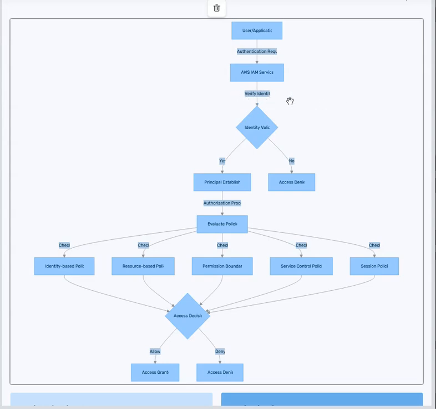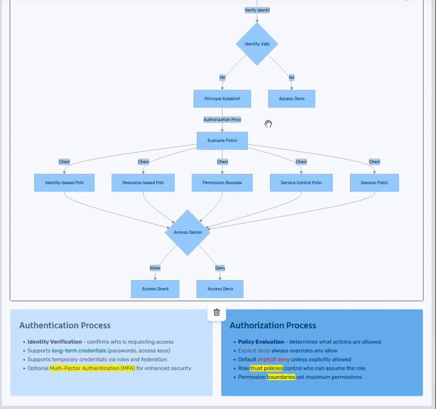Then verify identity. The AWS IAM service is requesting authentication, so it's trying to verify the identification. Identity validation: if no, access denied, right? And if yes, the principal is established and the authorization process follows.